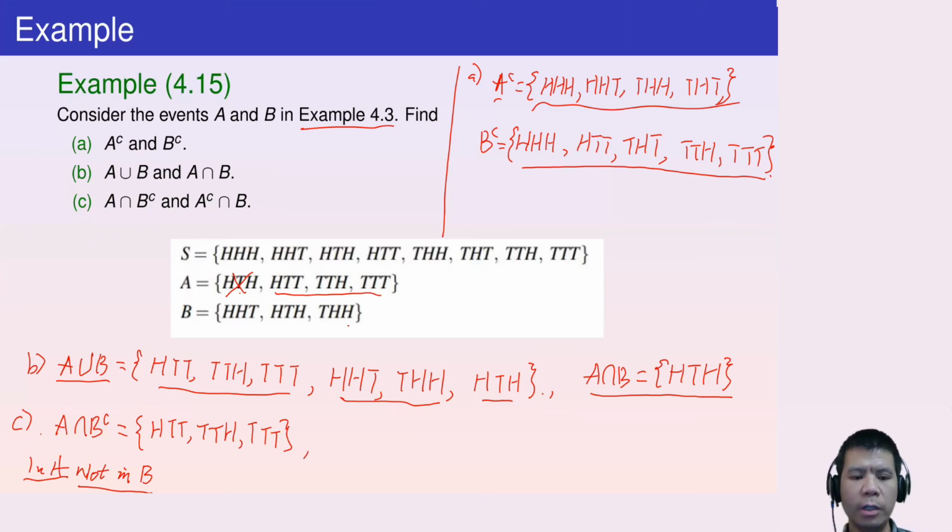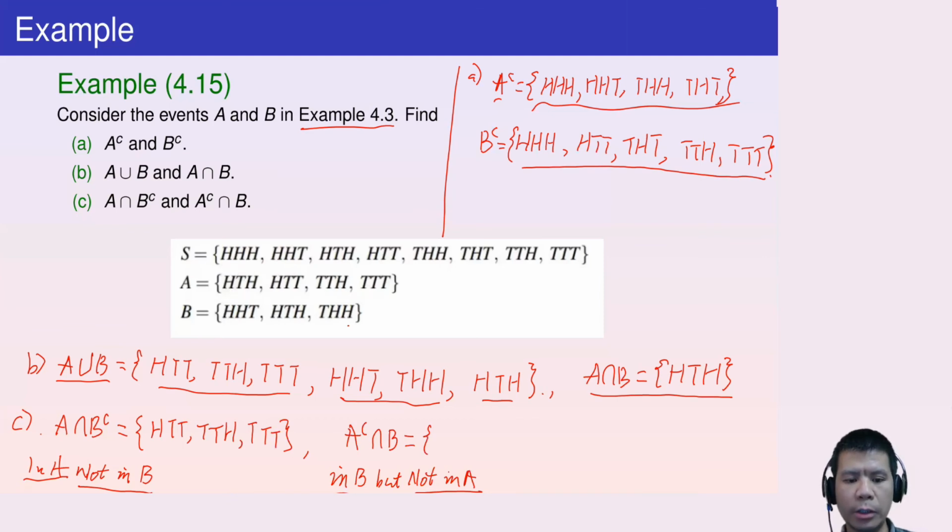Now similarly, we can find A complement intersect B. Okay, so this is in B, but not in A. Okay, not in A, in B. So what do we have?